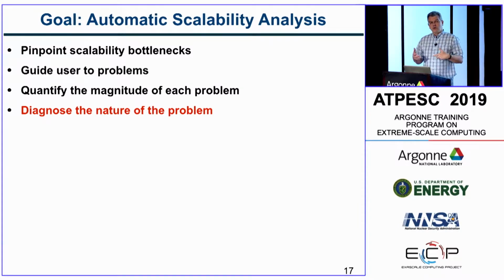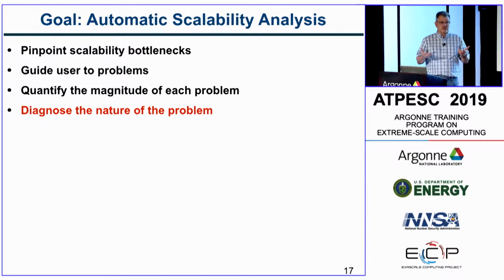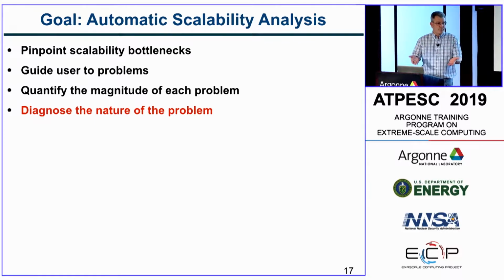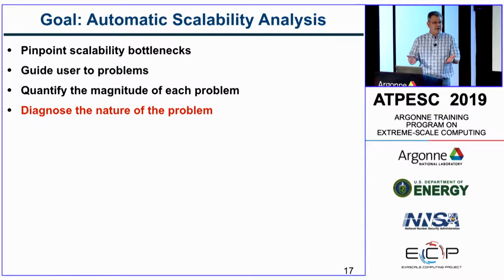And so what we can do is we can identify the scalability bottlenecks, quantify them, and pinpoint them in your code, and then you're left to stare at the code and say, why is this not scaling? Okay? But often, the indications that we can give you and putting you exactly where the problem occurs, you can look at what's going on around there and figure out both what's wrong and how to respond to it.